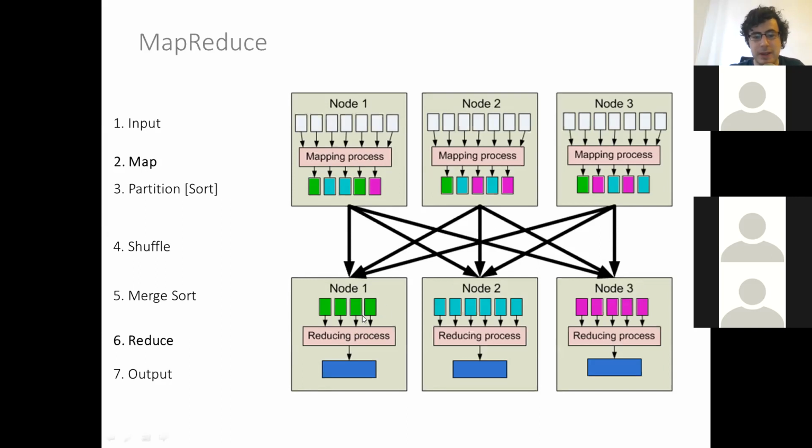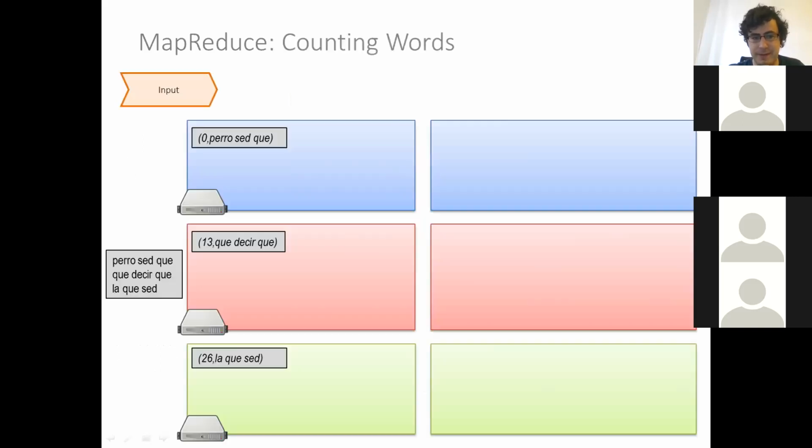And these then work locally on their partition of the data, their items, and they apply what's called the reducing process to produce the output. So we have 7 steps: input, map, partition, shuffle, where essentially all the items get shared to the respective machine, merge sort, reduce, and output. And I'm going to give a more detailed example of these stages.